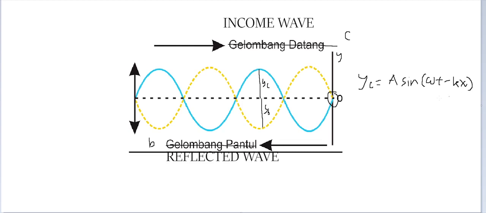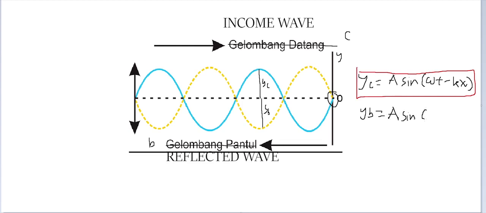For YB, it's almost the same: YB equals A sin of omega t plus kx. So these are the formulas for both displacements.